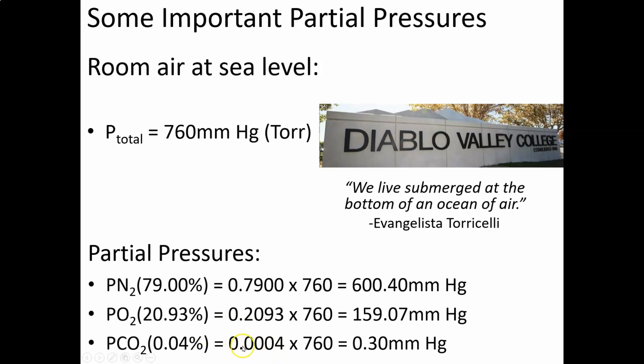To put it in decimal form, we move the decimal twice to get it from percent into a normal value. So 0.0004 times 760 gives us a partial pressure of 0.3 millimeters of mercury. So that's an important value in order to calculate the partial pressures at various altitudes.